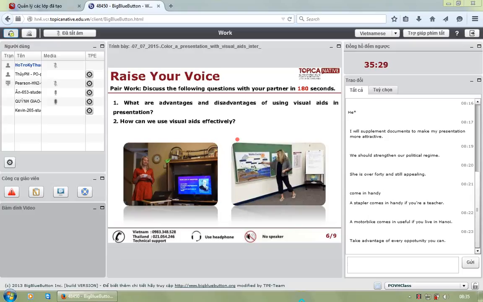In my opinion, there are many types of visual aids, so we should count on them turn by turn. For example, PowerPoint slides. We all agree that PowerPoint slides are very useful for presentation, but we have to use them in the right way.